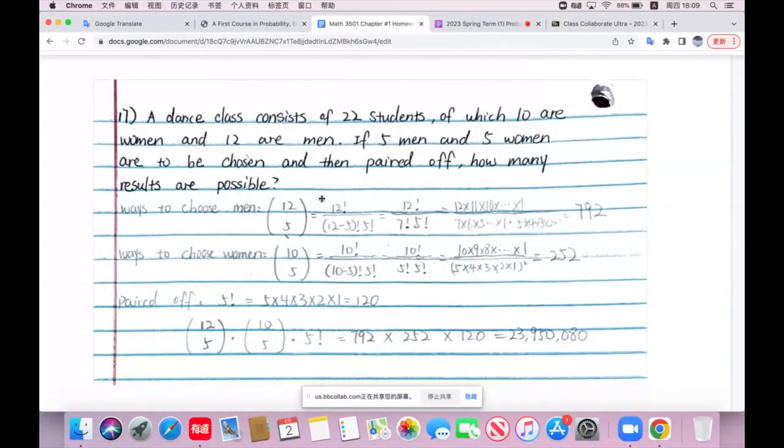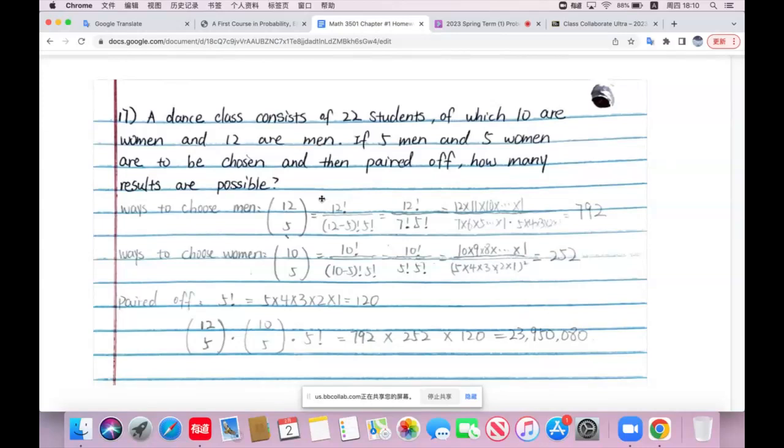I'm going to present question 17. A dance class consists of 22 students, of which 10 are women and 12 are men. If 5 men and 5 women are to be chosen and then paired off, how many results are possible? In this question, it's a combination.